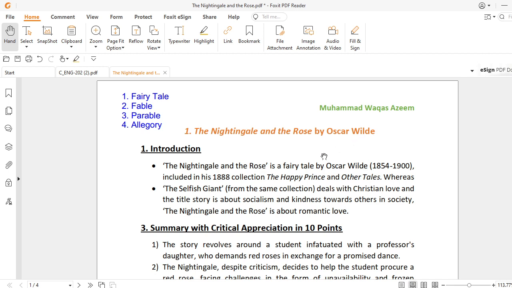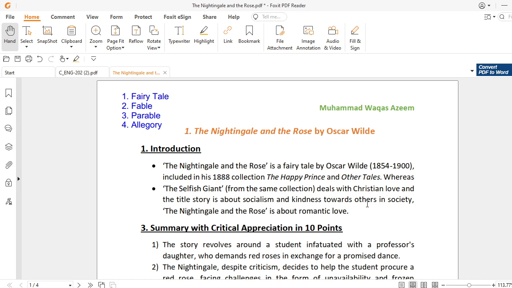First of all, the first thing to understand about this story is that it is written by Oscar Wilde, who is a very interesting writer. What is most interesting about him is that he is a poet, a dramatist, a short story writer, and a critic as well. He is a very diversified writer.